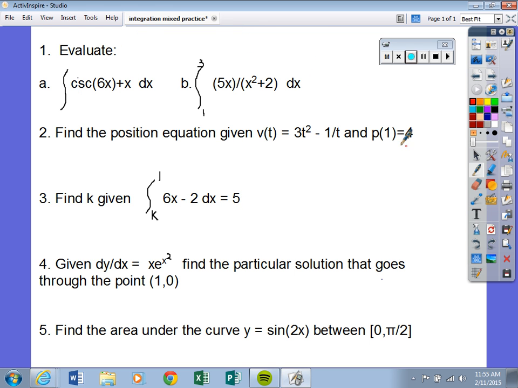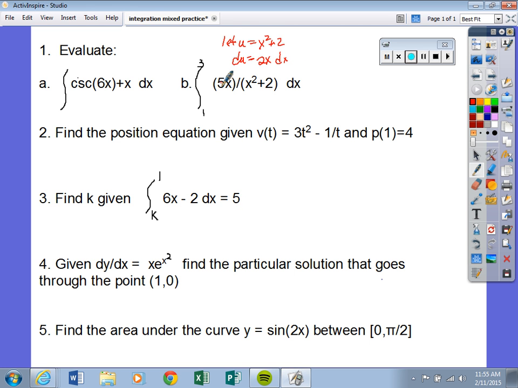For the next one, it's a definite integral, so I'll be plugging in bounds when I'm finished, but first I need to sort of decipher what happens here. And a lot of times the denominator is a good choice for your u. Awesome, and then the derivative of the x squared plus 2 is going to be 2x dx.